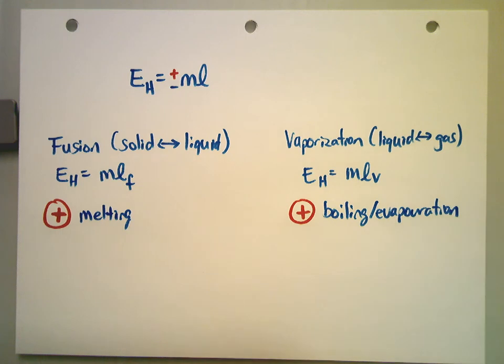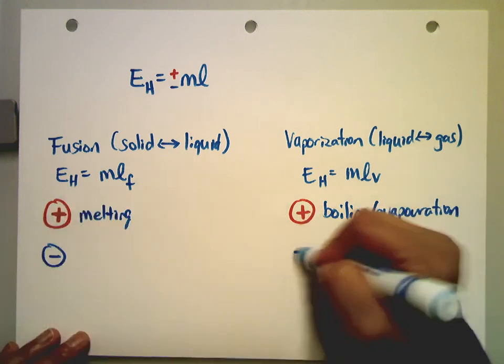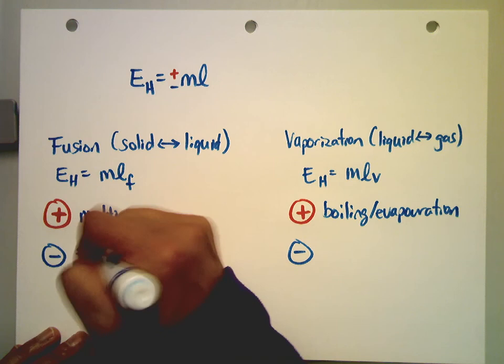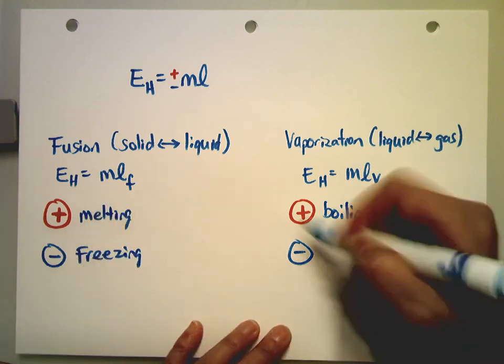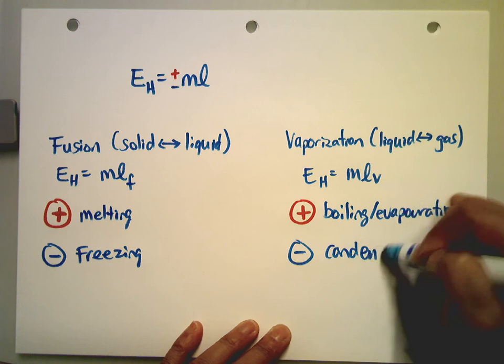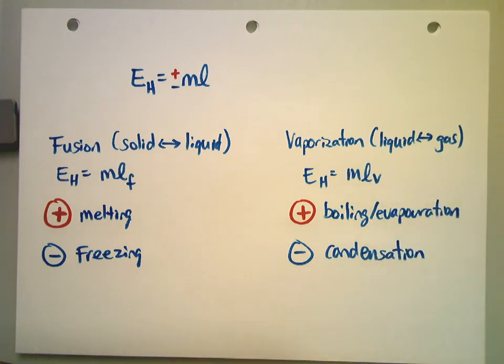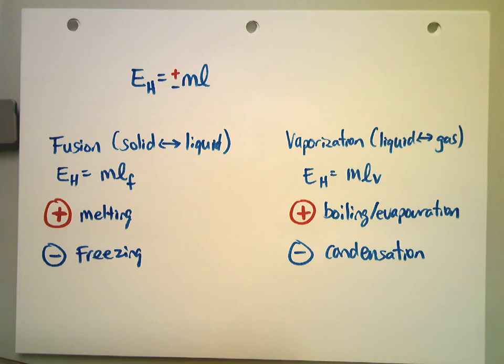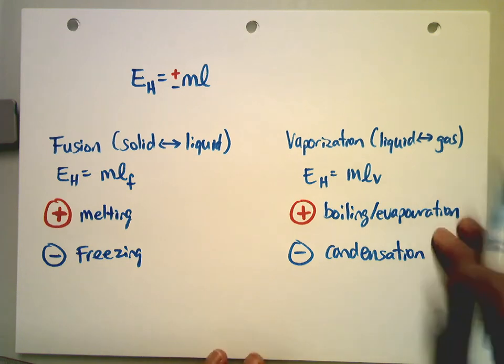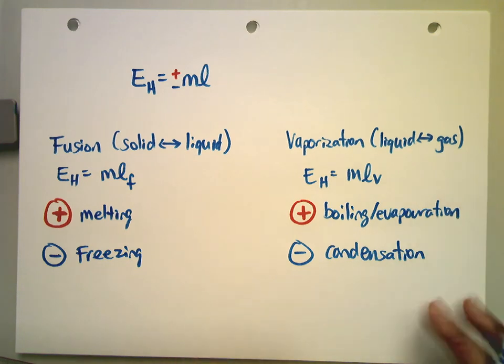Okay, the negative, what that means is you're going the other way, backwards. So you're freezing, all right, or you're condensing. Condensation. All right. Okay, so latent heat of fusion. So far we have this type, melting or freezing, or latent heat of vaporization, boiling or condensation. And it's denoted either by a plus or minus.